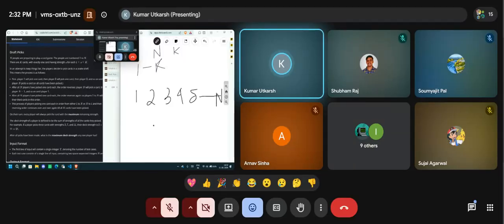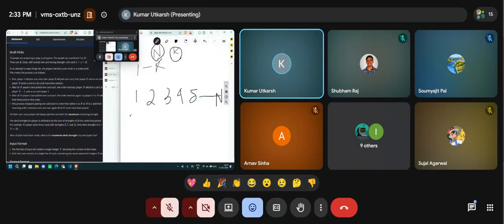Yes, right. So what we are doing, we have k cards and n people, right? It's not necessary that k will be greater than n or something. So we have n people, 1, 2, 3, 4, let's consider till n. We distribute the highest card k to the first person.